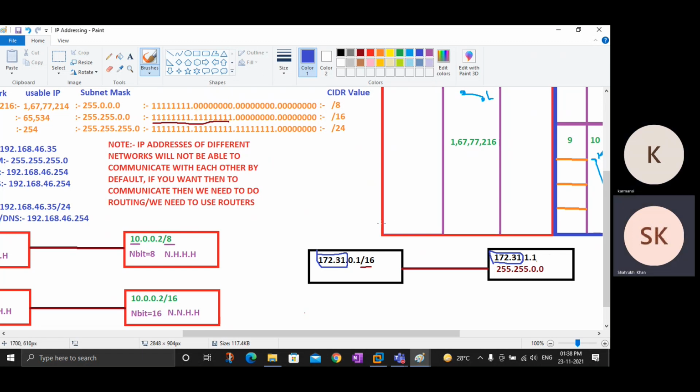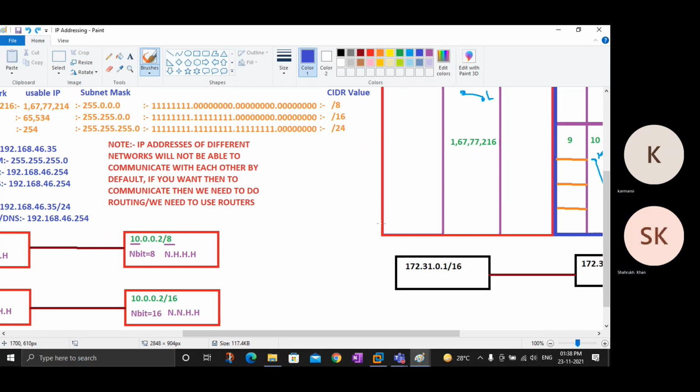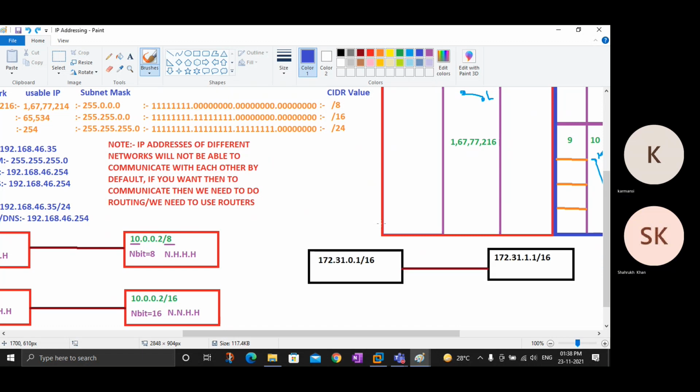Now, let's say instead of this example, instead of slash 16, slash 24 is there.